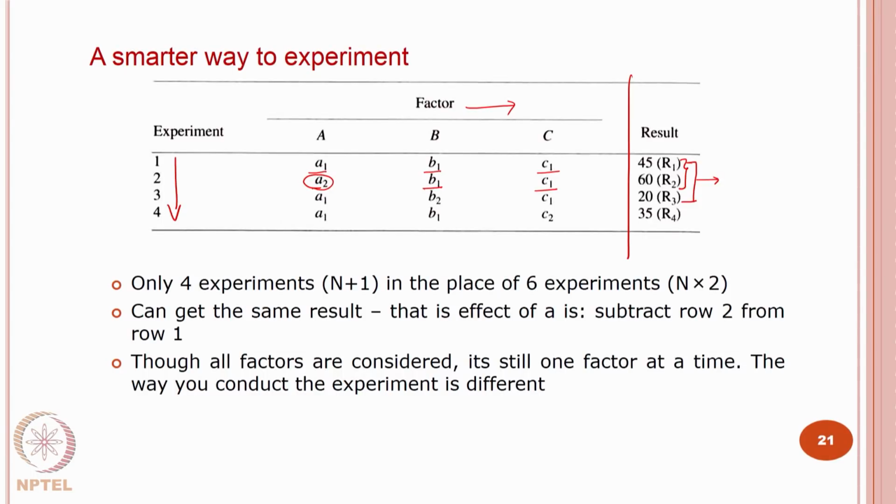But even in 2 levels, there is a limitation in this. What is that? One factor at a time? That is fine. As long as I get the information, how does it matter, one factor at a time? The factors are not linear.